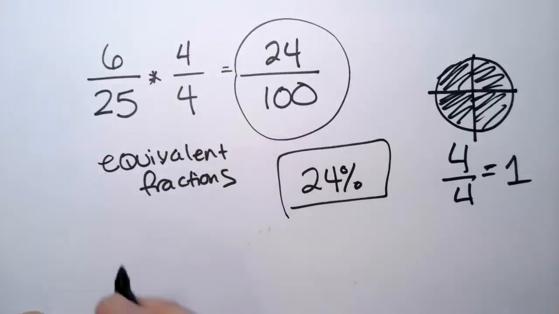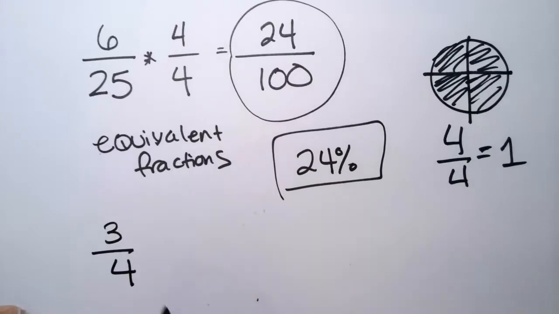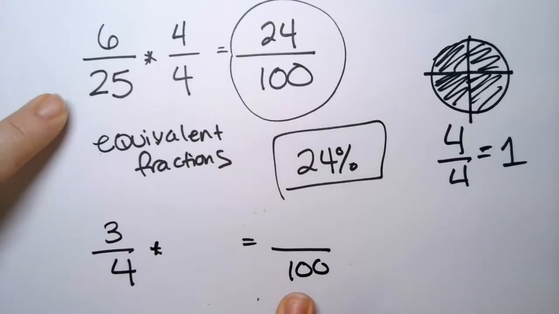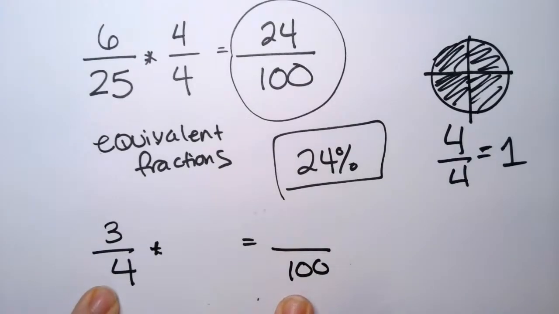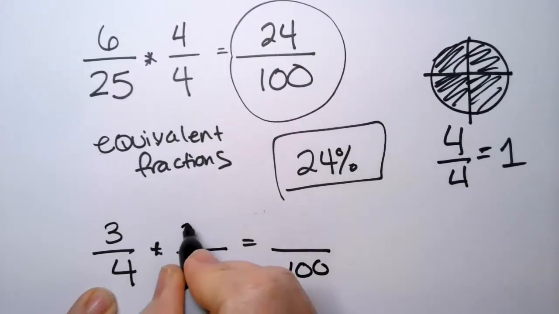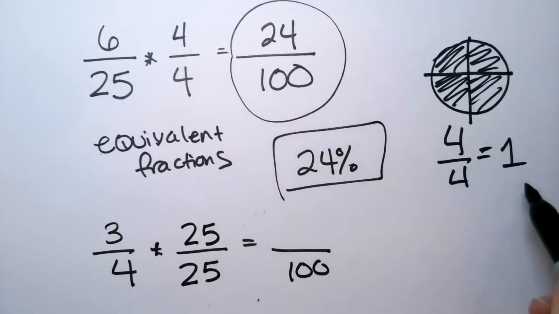Let's try another one. What if I have 3/4? What do I need to multiply the bottom by to get to 100? 4 times something gives me 100. I'll give you a hint, it was up here. 4 times, that's right, 25 gives 100. So remember, I've got to do it top and bottom in order for this thing to be 1.